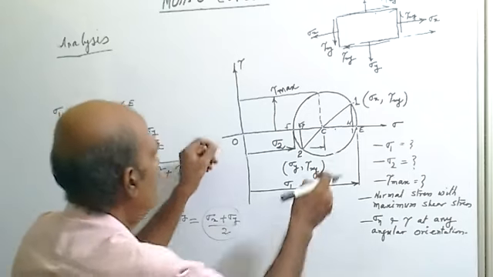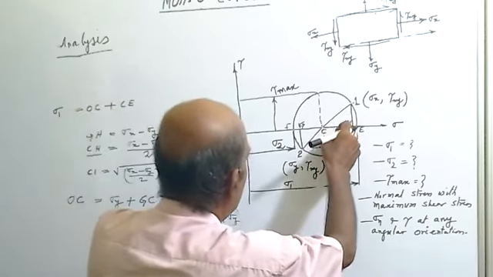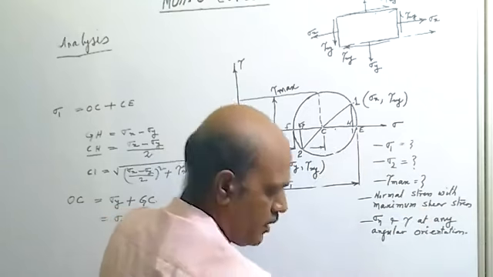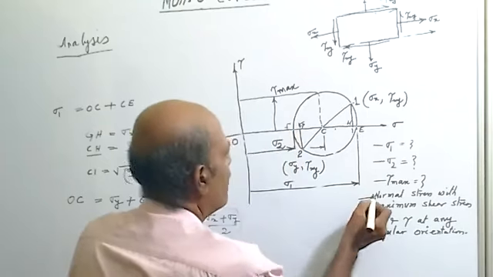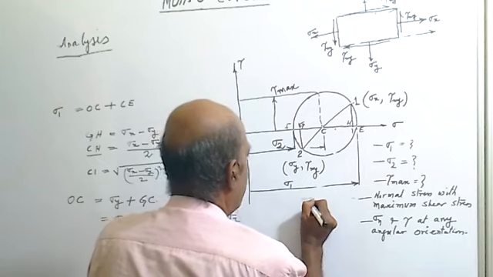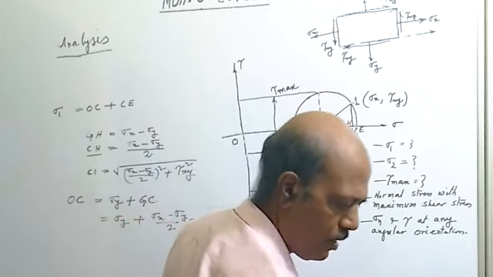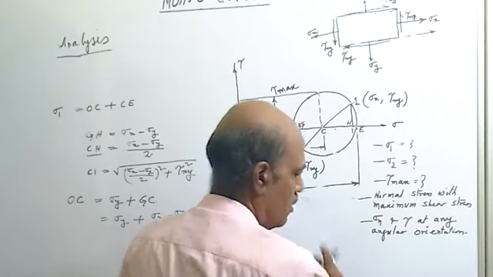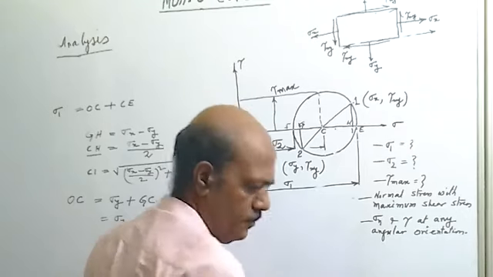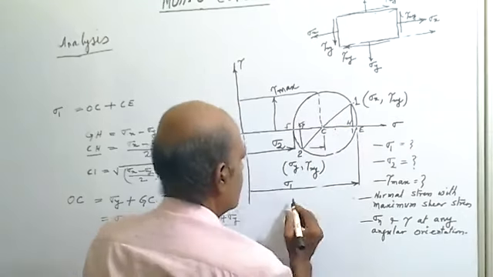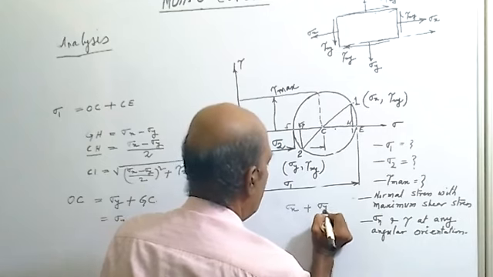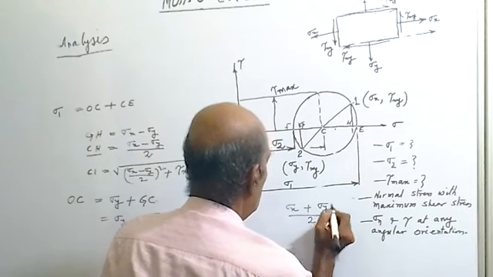So OC is the normal stress that exists on the maximum shear stress plane, given by sigma x plus sigma y by 2.